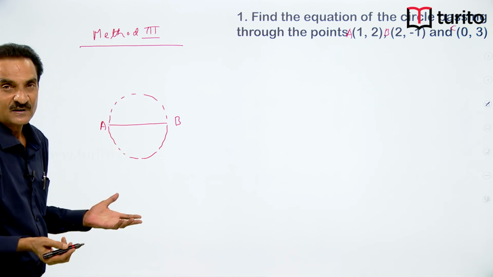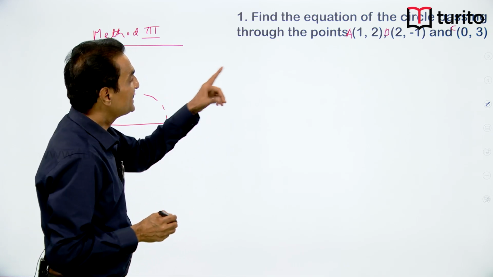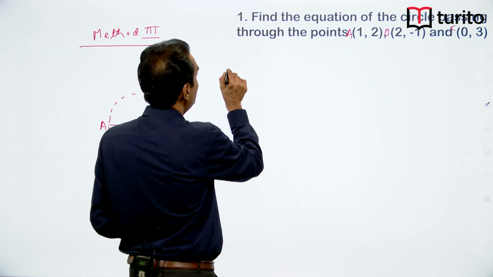We have the formula for the equation of circle in diameter form. What is the equation of the circle with AB as diameter?